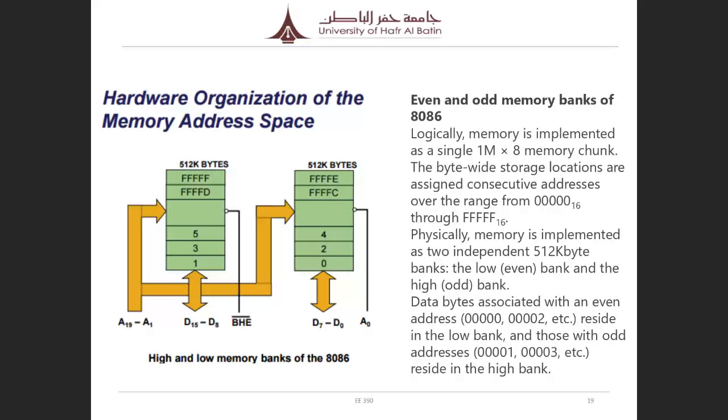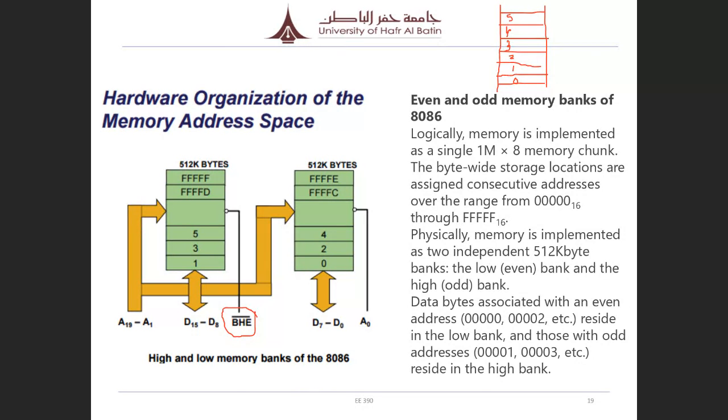We know that memory is like a chunk, a block of consecutive locations: location 0, location 1, location 2, 3, 4, 5, and so on. So that is how we understand memory, but actually it is not quite like that.